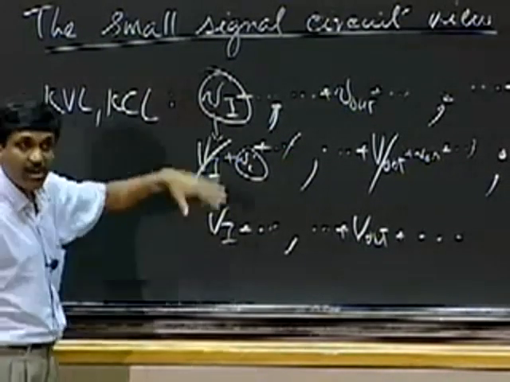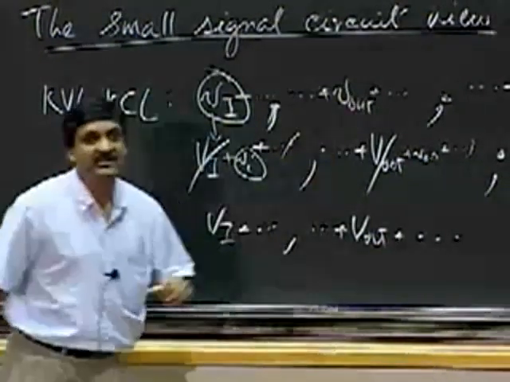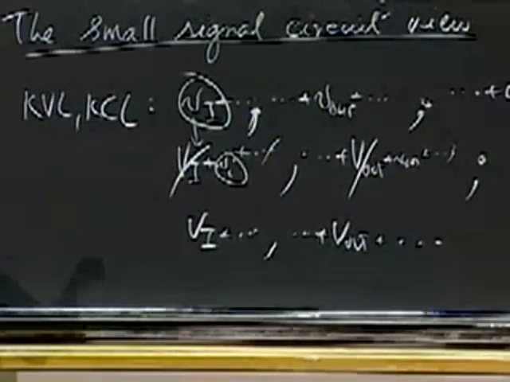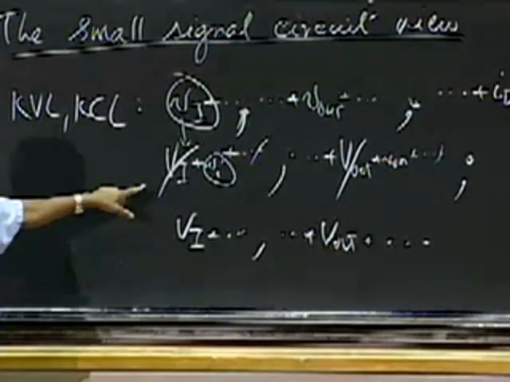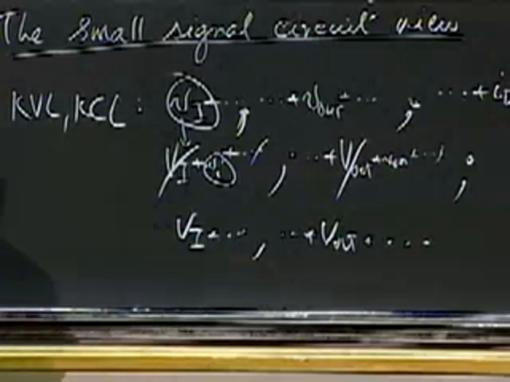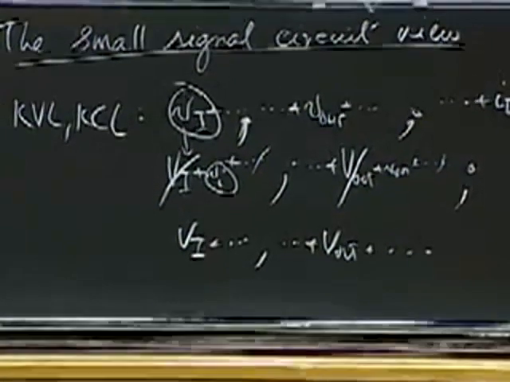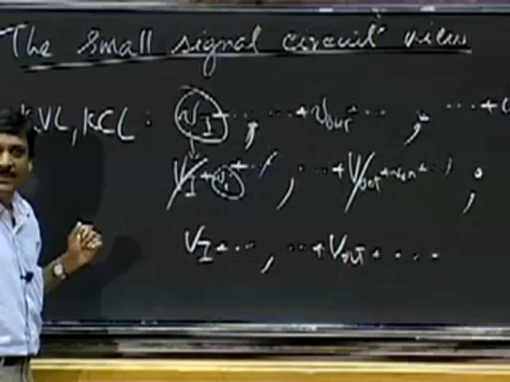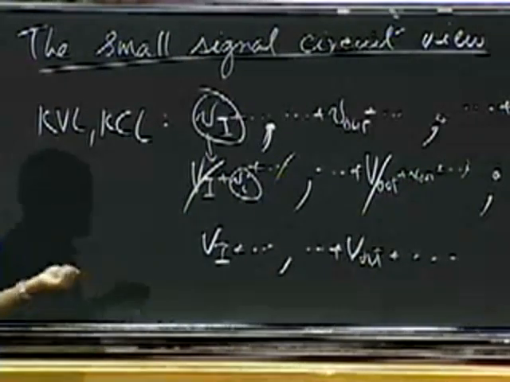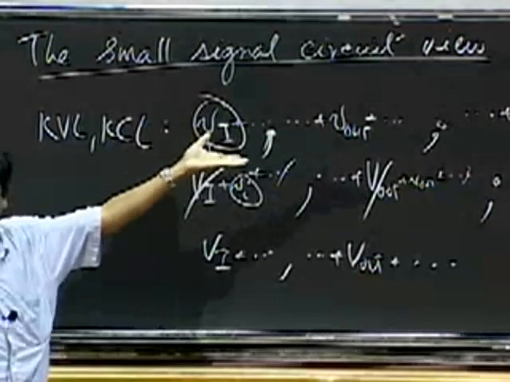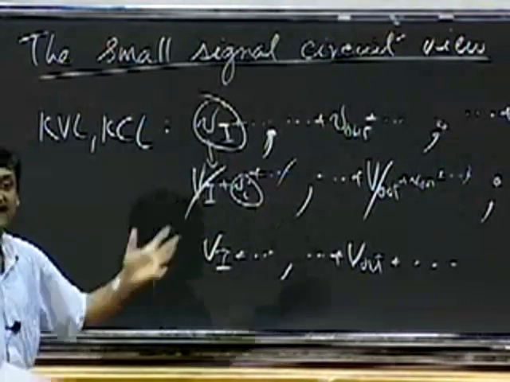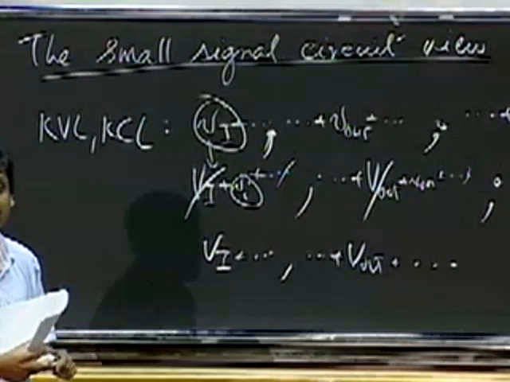And because these KVL, KCL equations are a reflection of the topology of the circuit, that says that the small signal variables must also satisfy KVL and KCL. And since these arise from the small signal elements, that says that I can replace the big elements with the small elements, and KVL and KCL will hold for the resulting circuit.